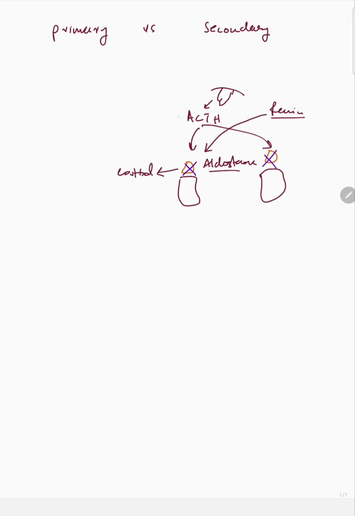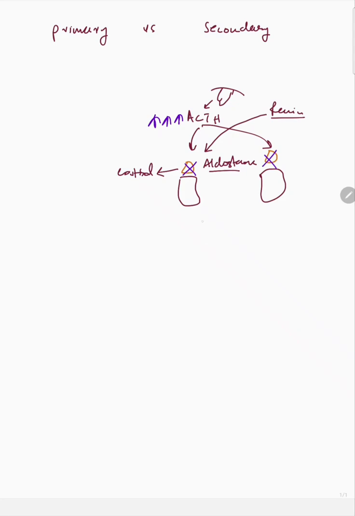When cortisol is not produced, the pituitary senses that and increases the amount of ACTH. Increased ACTH causes hyperpigmentation. How does that happen?